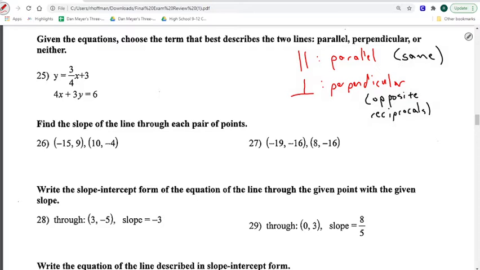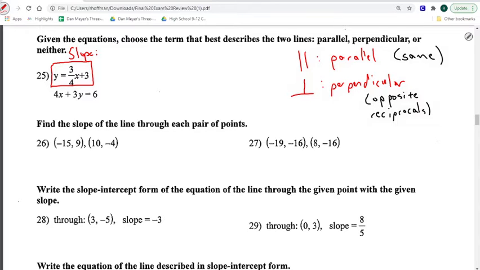So on this one, when it says tell whether the lines are parallel or perpendicular or neither, we are going to focus on the slopes. So the slope of this line here is 3/4.